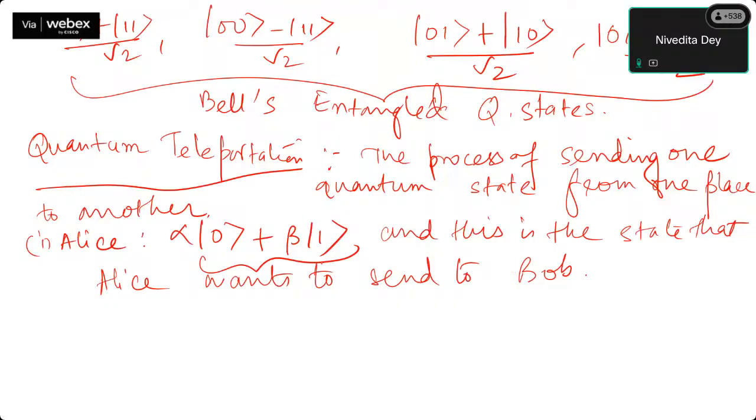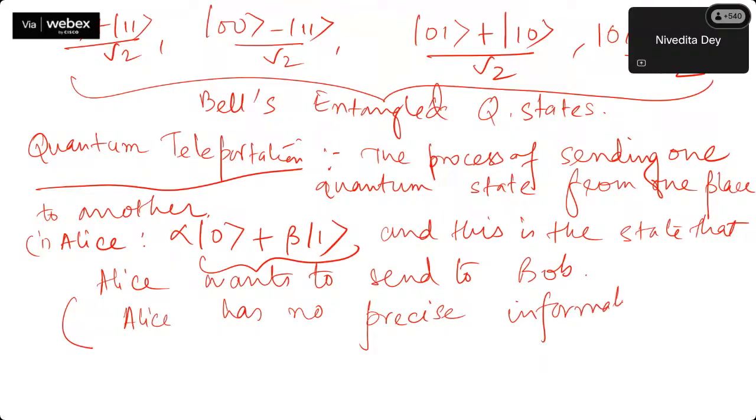Also, there is another consideration: Alice has no precise information about the state to be sent to Bob.